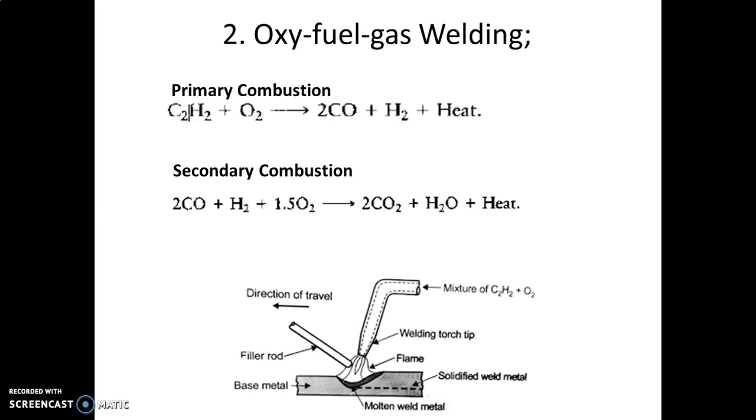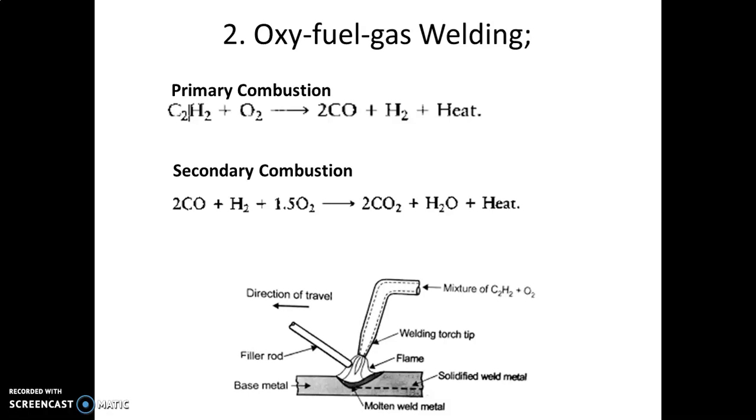In oxy-fuel gas welding, we will discuss oxyacetylene gas welding, in which the source of combustion is oxygen gas, to produce a flame, that is the source of heat, required to melt metals at the weld joints.